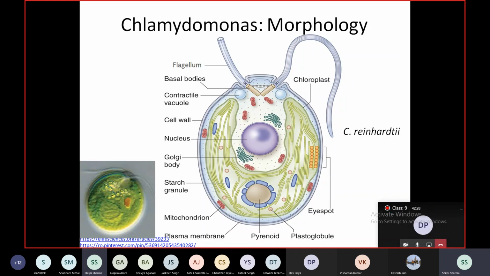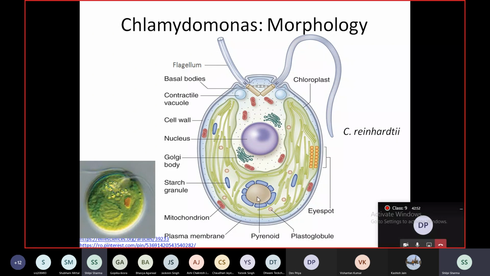Cellulose you find in plants or in green algae. This is a green algae. Besides the typical structure of a eukaryotic cell, you will notice a single large chloroplast. You see most of the cell volume is actually taken up by this large chloroplast, which could have one or several pyrenoids.